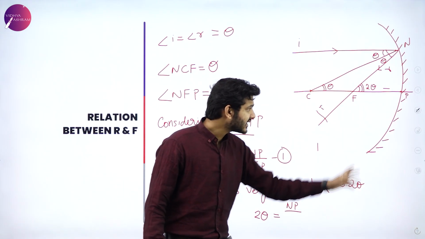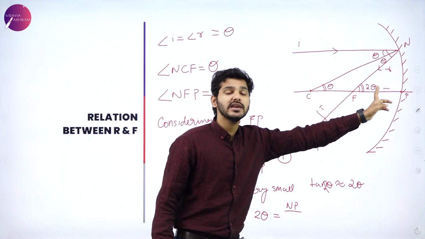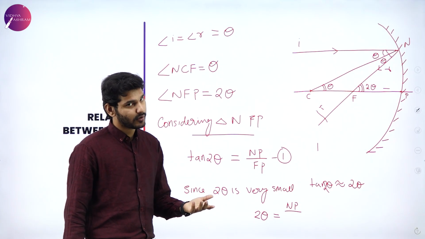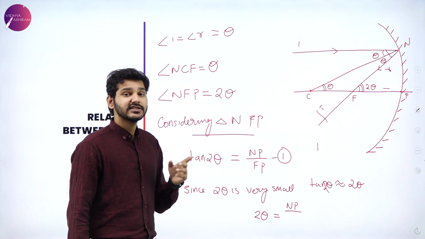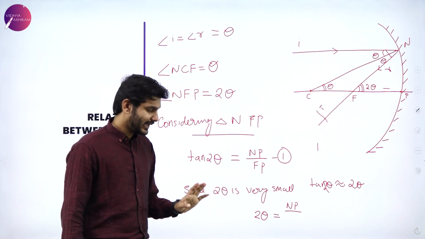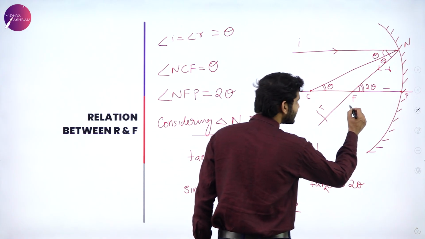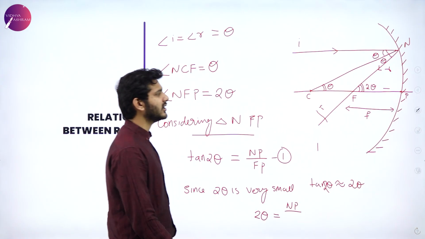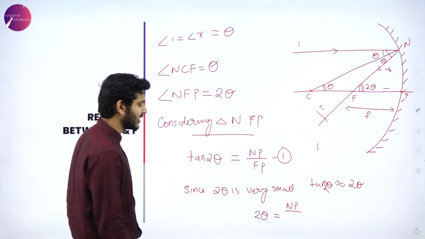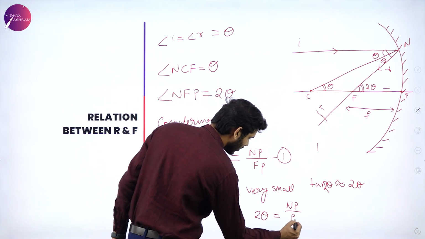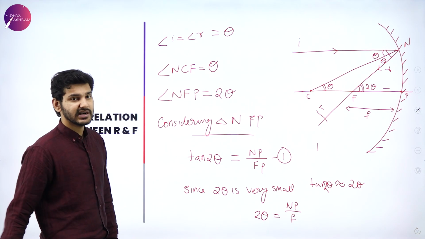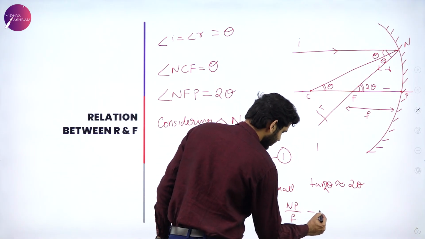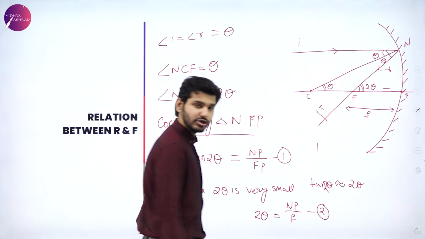So the distance from F to P is known as the focal length. I can indicate it as small f. Now I have a relation: 2 theta is equal to NP by f. Let's put it as equation number 2.